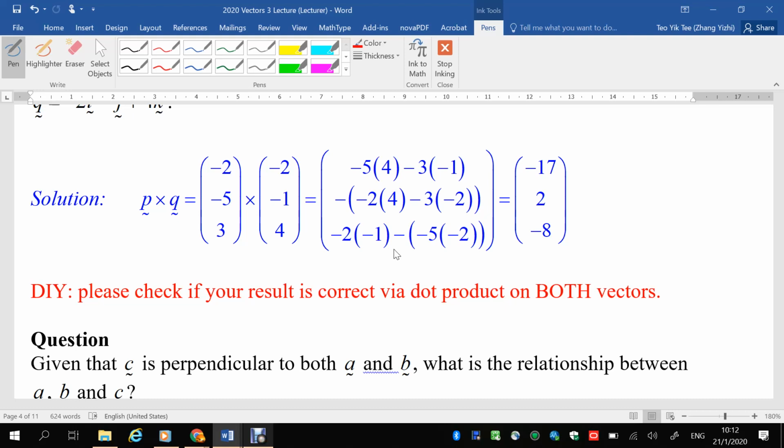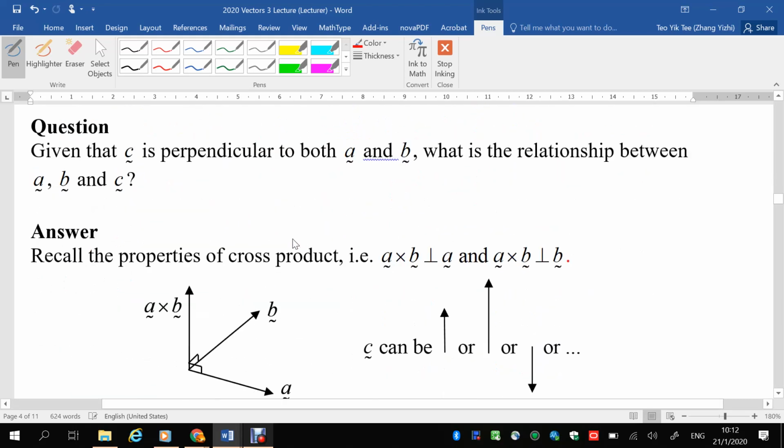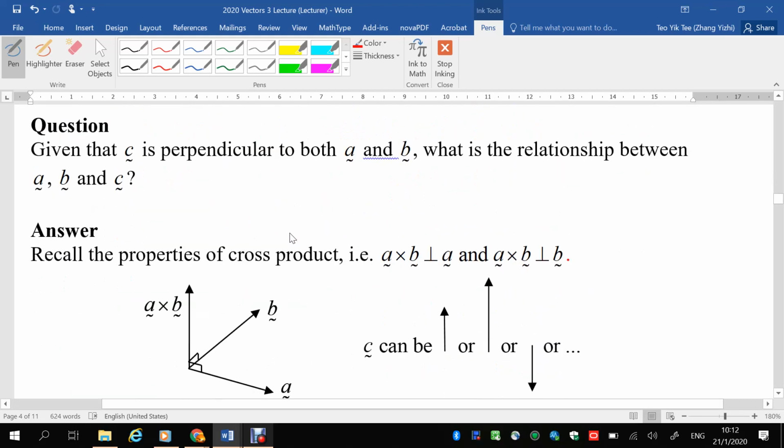If C is perpendicular to A cross B, what can you infer? Basically all the diagrams must start coming up. If C is perpendicular to A and B at the same time, where actually is C?